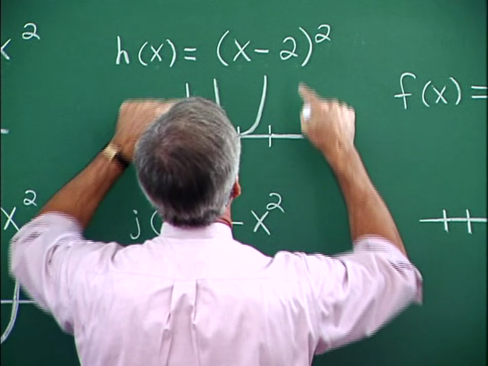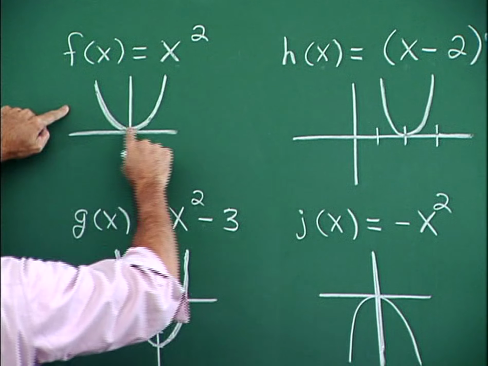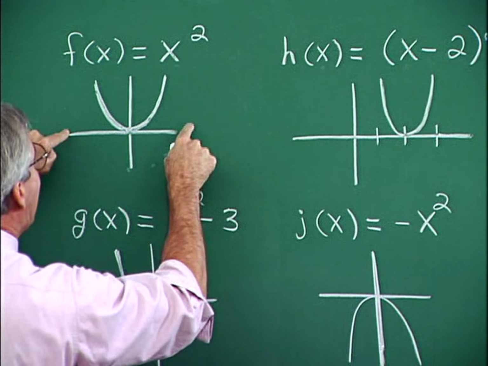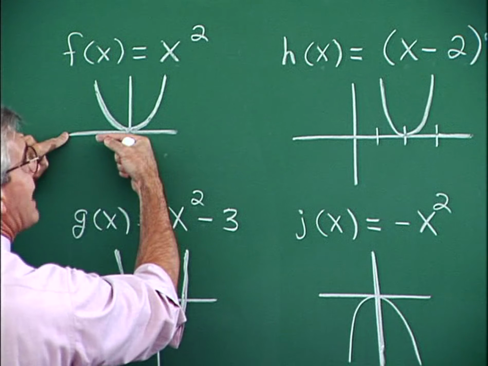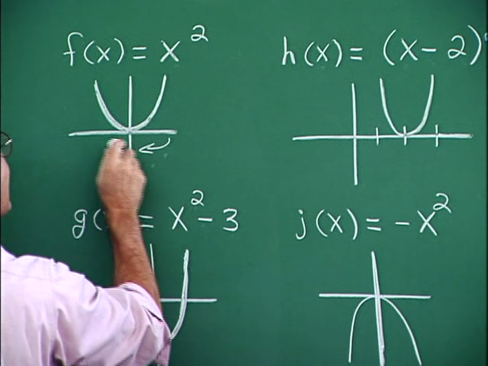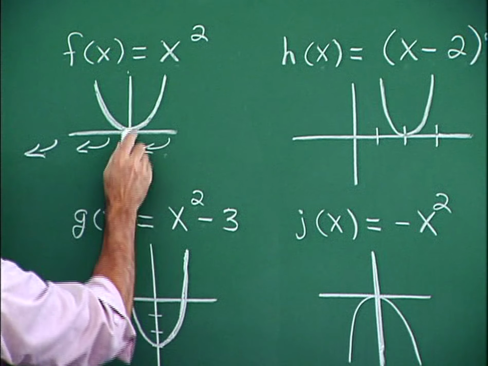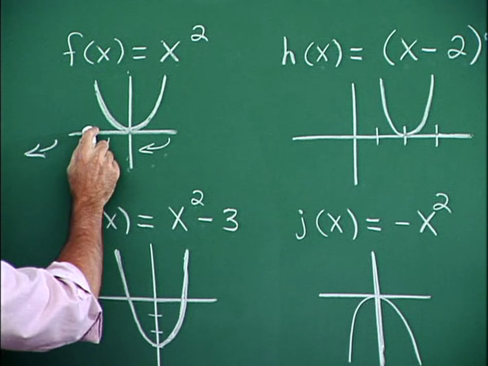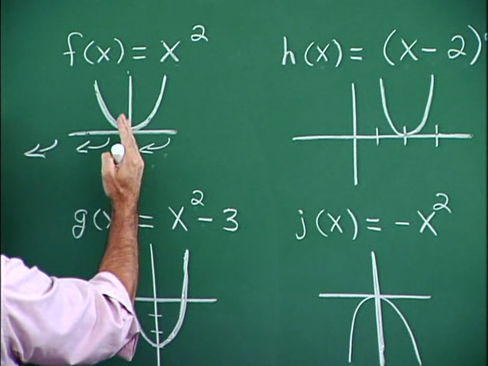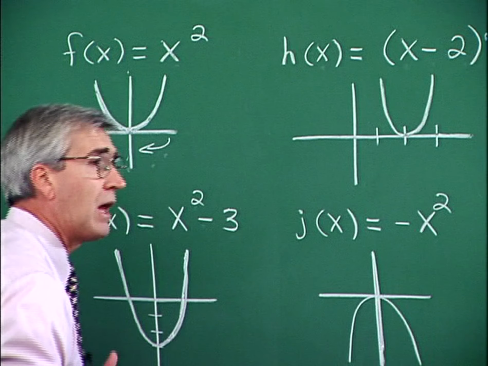So imagine fixing this parabola right here, and taking this coordinate system, this x-axis, and moving it over 2 places. Just move everything involved over 2 places. Well, what would happen here is that this y-axis would move over 2 places, you see. So we've moved the coordinate plane over 2, and the parabolic curve has behaved the same way that we would expect a parabolic curve to behave.